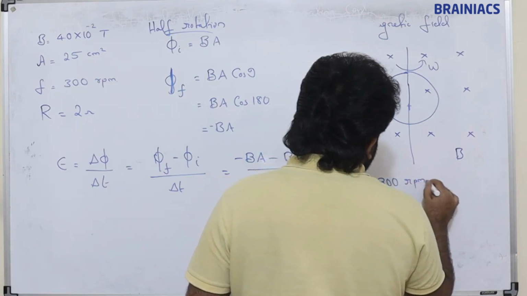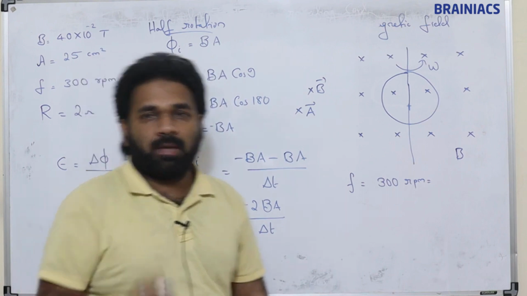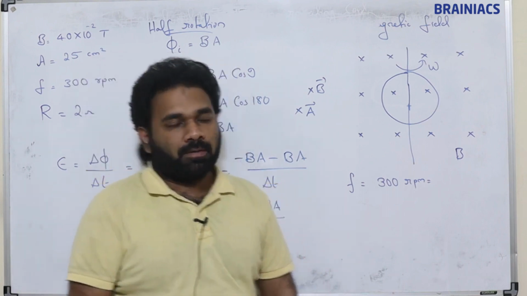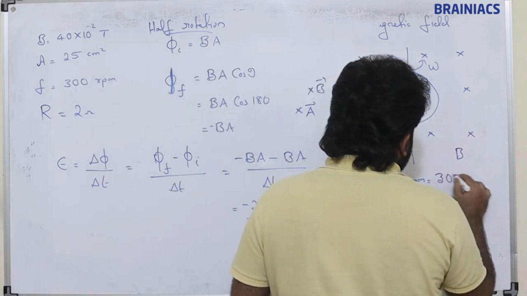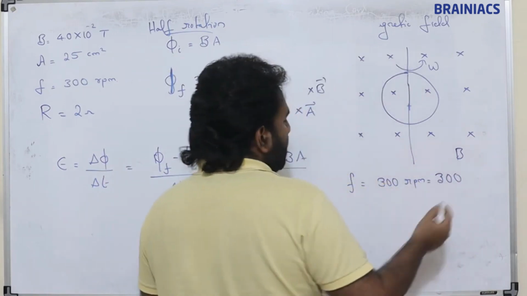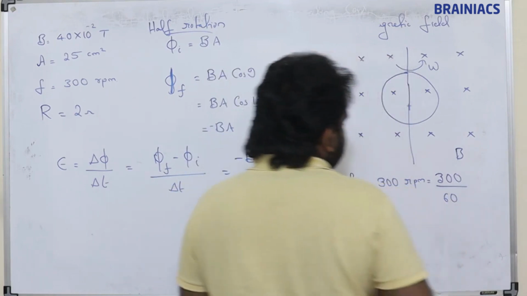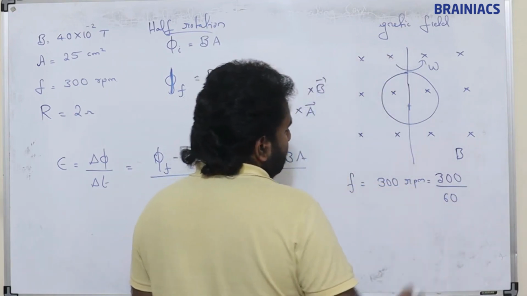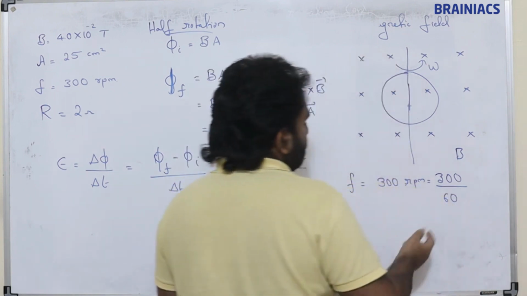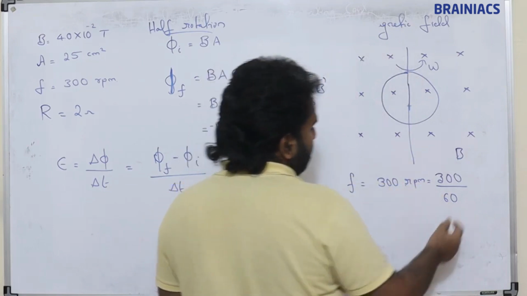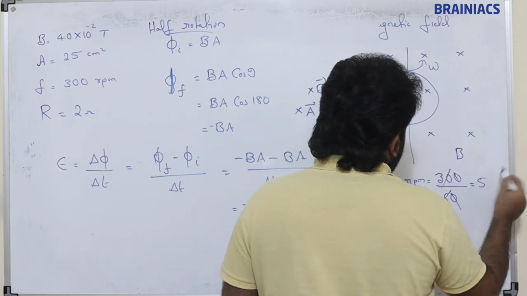The frequency is 300 RPM, that is 300 rotations per minute. In a minute 300 rotations will be done, so we will make it in seconds. To get per second, we divide 300 rotations per minute by 60. So we will be getting 5.